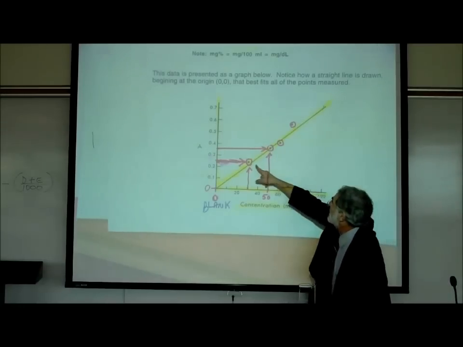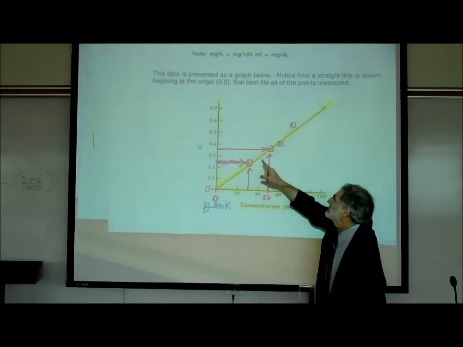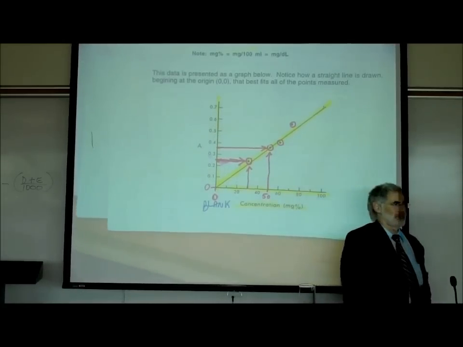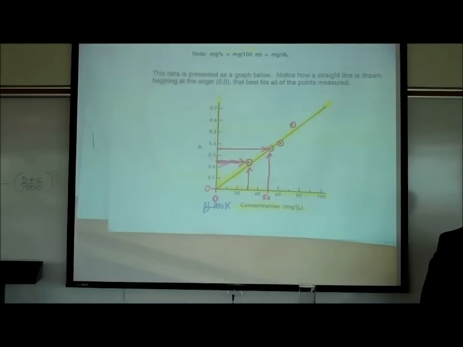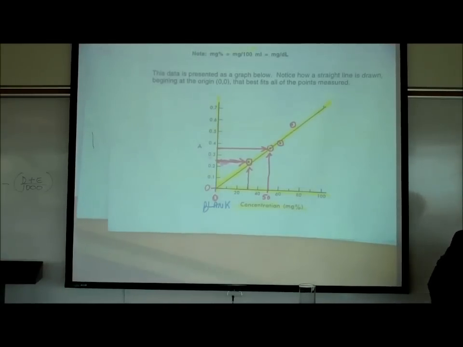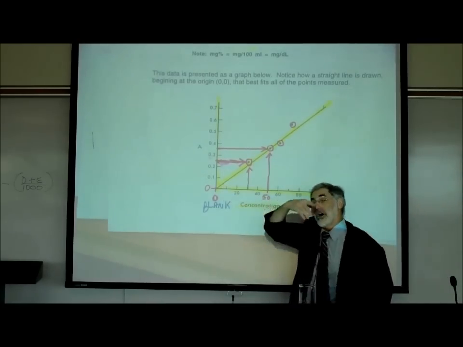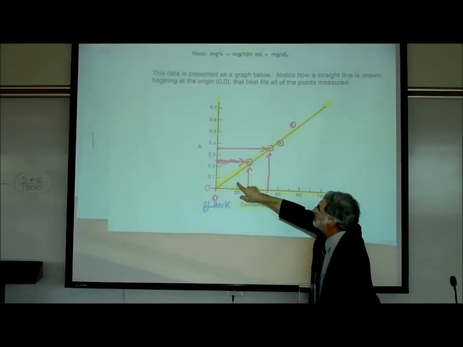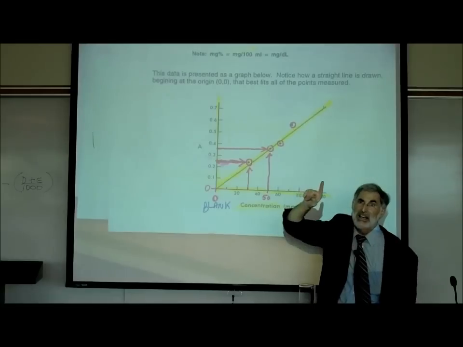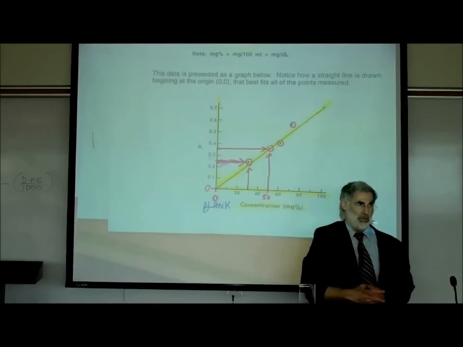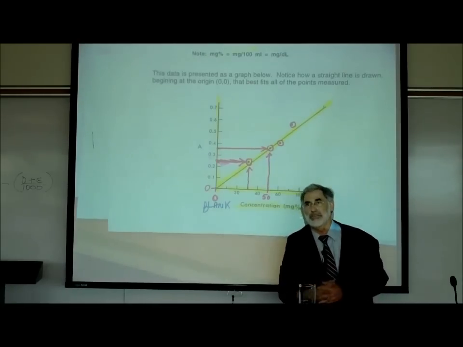Now, let's make sure we understand what's going on here. We look at these data points. Why didn't all these points line up perfectly in a straight line? Problems of accuracy and precision. So all that we're going to do in this class is draw the best fit. The best fit does not mean that we ignore any data point. We cannot ignore a data point.